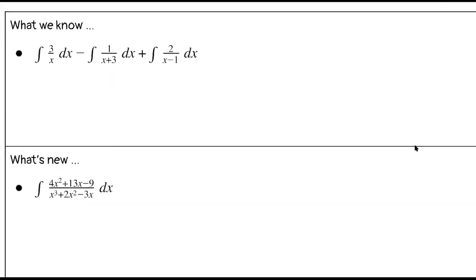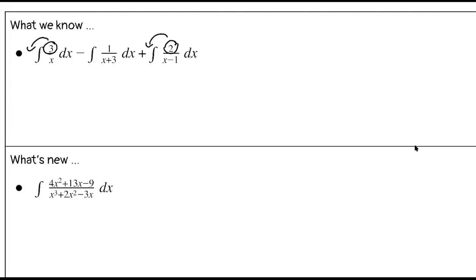All right, so what we know. If we have a question like this, one thing we might notice is that we could use the idea where we take the constants and pull them out to the front. Specifically, we could take this 3 and move it out to the front, and we could take this 2 and move it out to the front.